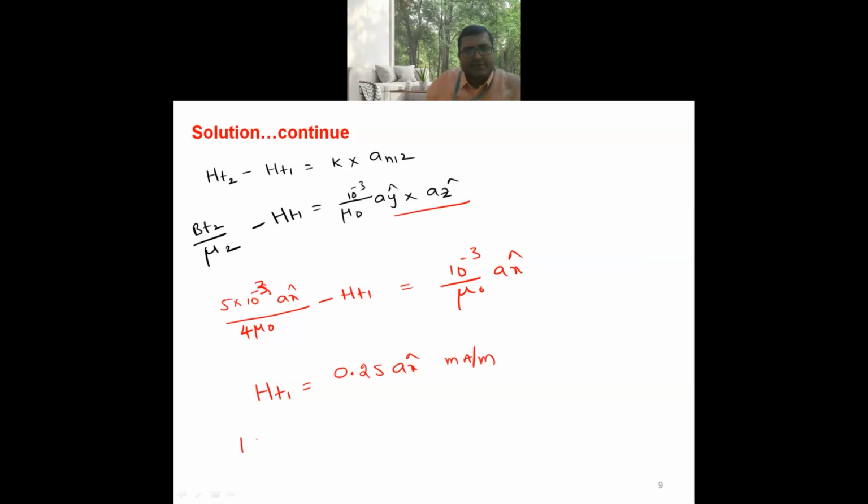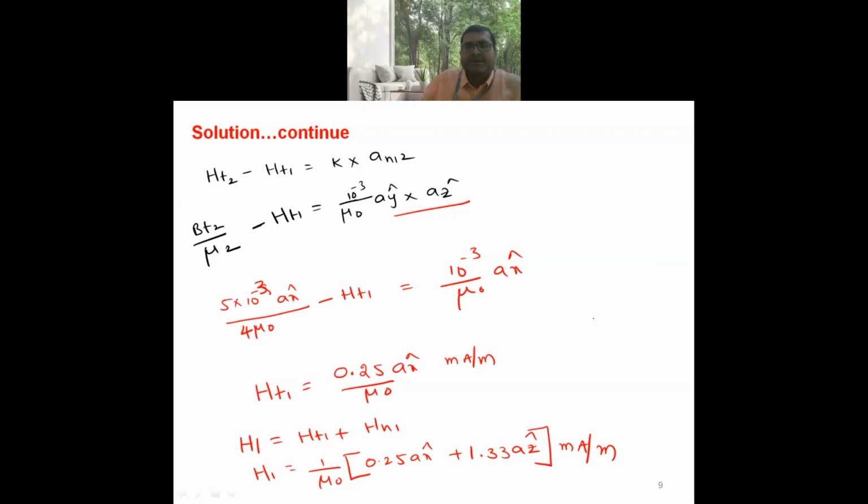Now we can write the value of H1 as HT1 plus HN1, which is equal to 1 by mu naught, 0.25 ax plus 1.33 az cap milliampere per meter.